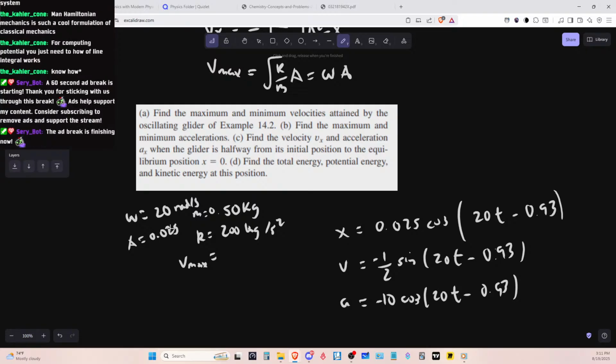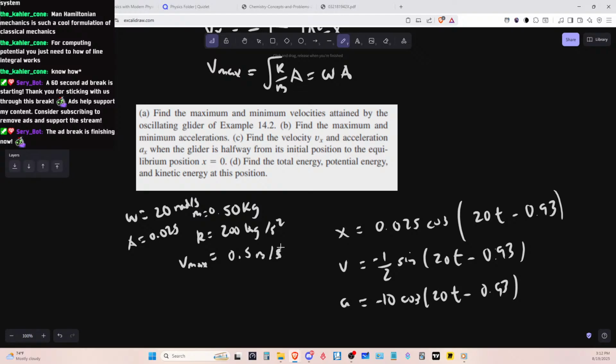So if we do the max, then square root of 0.5 kilograms, times that by 1.0025. So that leaves us with meters per second. So that's the fastest it goes.